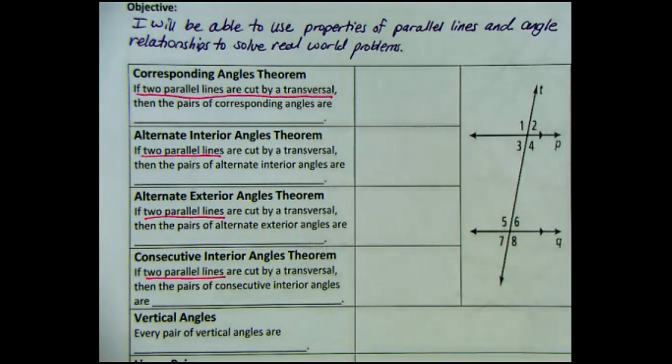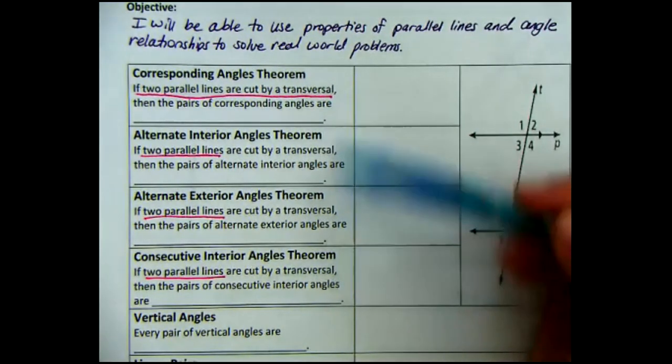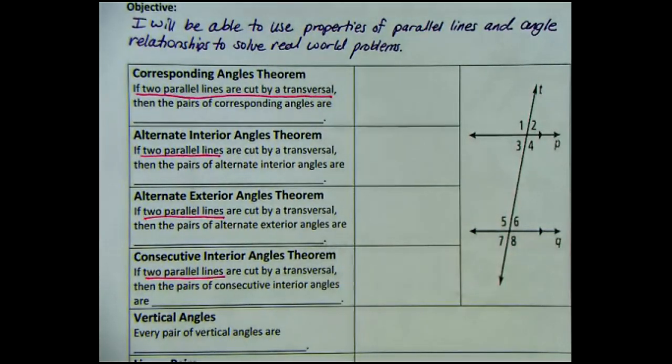Well, something beautiful happens when we have parallel lines being cut by a transversal. I wish I had patty paper, but I do not, okay? Something beautiful happens. We end up having these relationships where many of the angle pairs end up being the same measurement, okay?